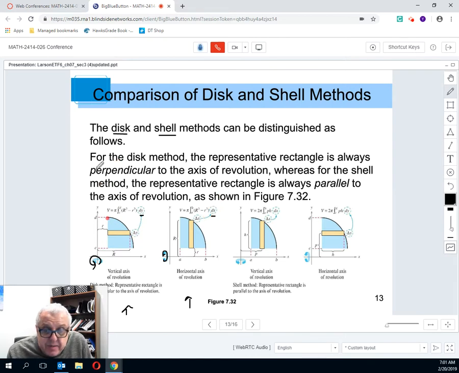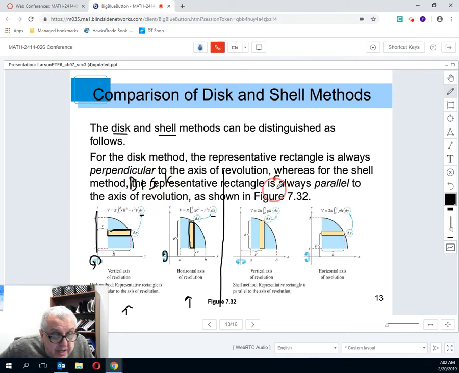Also, in the disk method, the rectangle that you create is perpendicular to the axis of rotation. Do you see that the rectangle rotates around the y-axis and it's perpendicular? Same way in the disk method, if we rotate around the x-axis, the rectangle that's formed is perpendicular to the x-axis. So that is the disk.